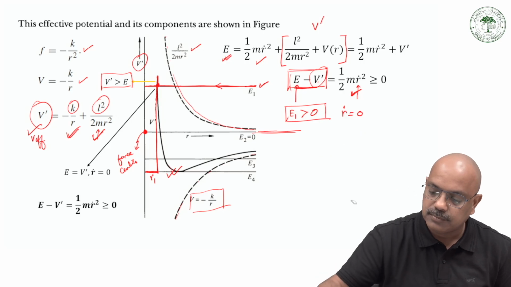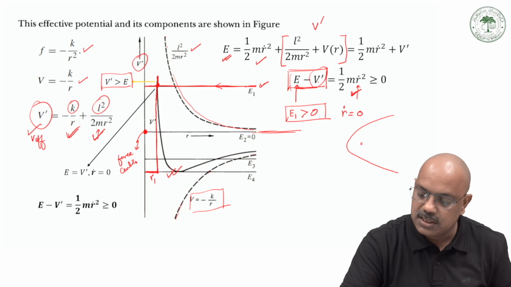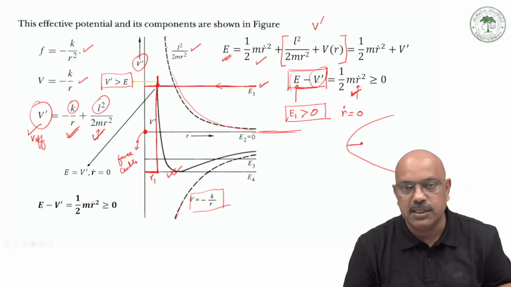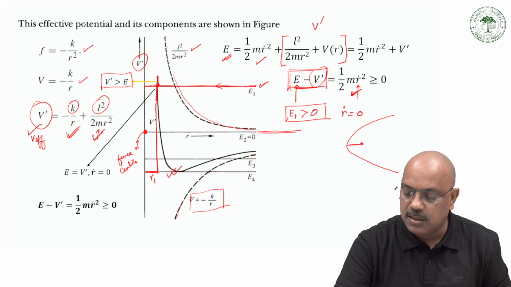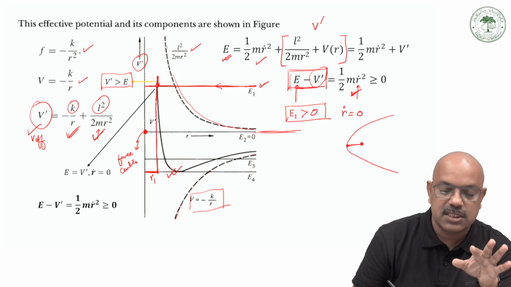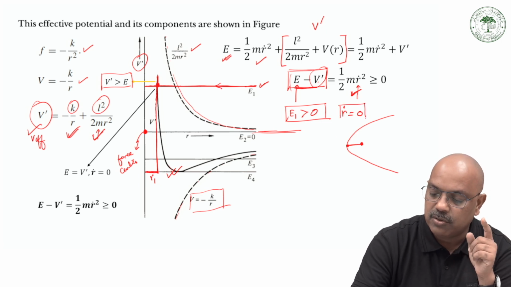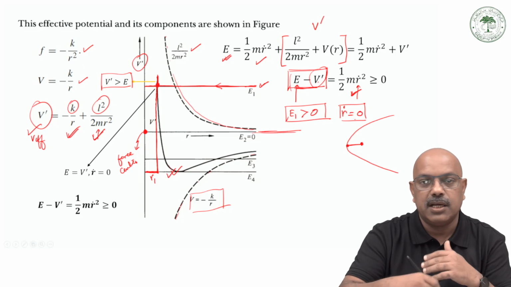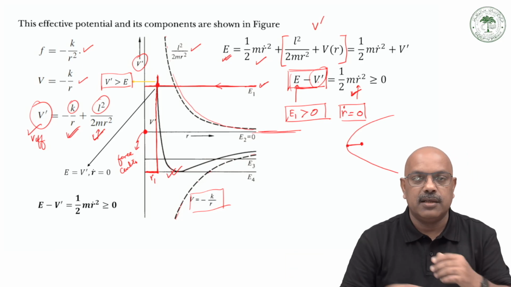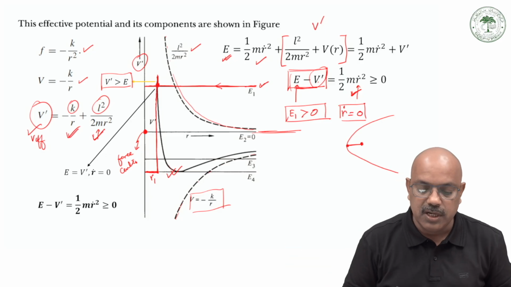This distance is the distance from the center of the force to the turning point. When the particle energy becomes less than the potential, r dot is going to be 0, and from there the particle returns back towards wherever it came from, along whatever trajectory it is following.